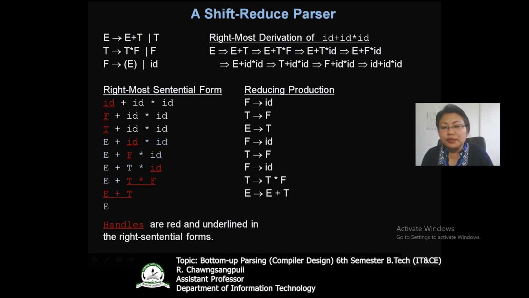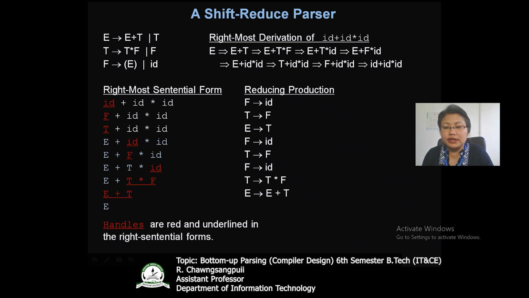Now, for the rightmost sentential form, which is ID plus ID into ID, the reducing production we use here is F can have the form ID, so we are replacing it with F. And on the third step, we are using a reducing production: T can have the form F, so in the place of F we have T, so it becomes T plus ID into ID.